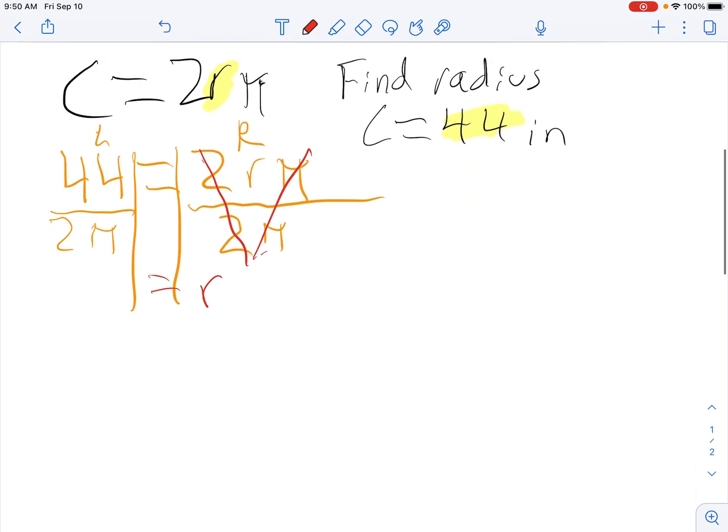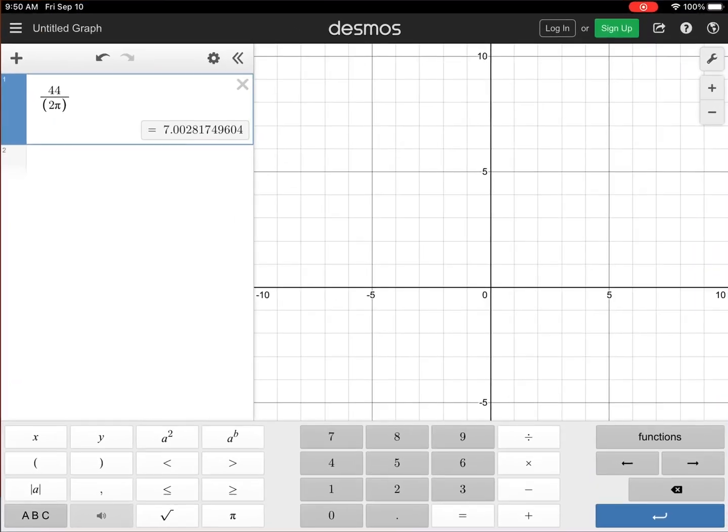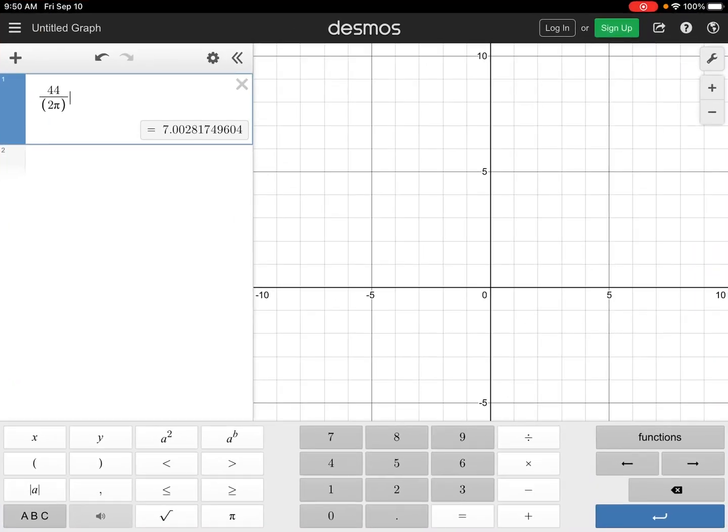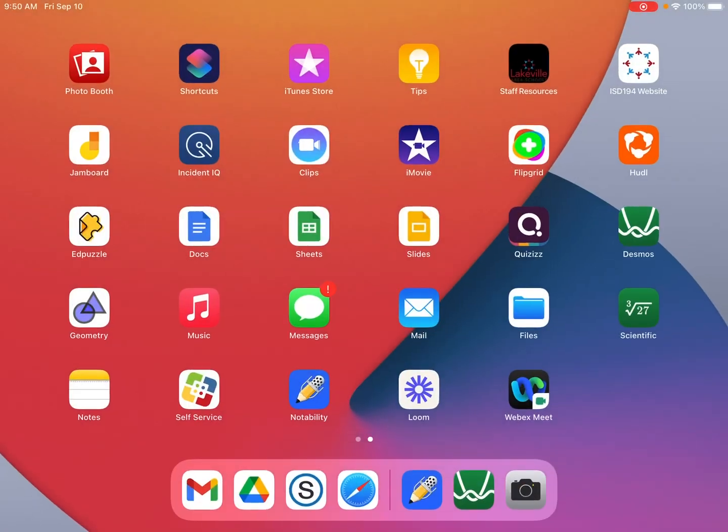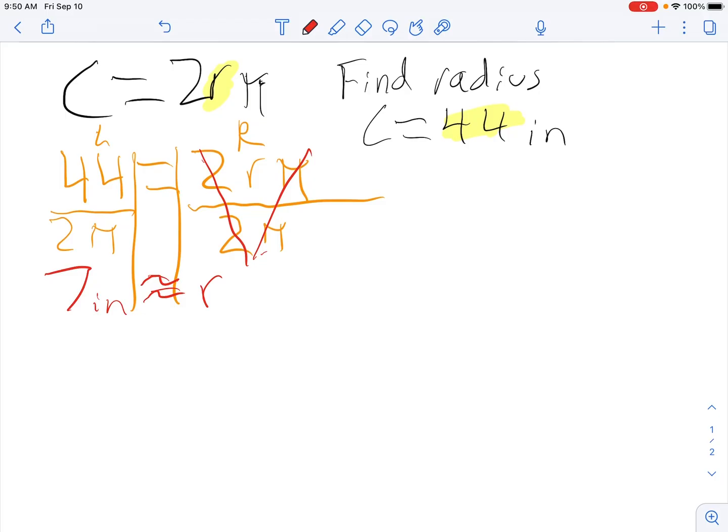Now, there are 2 ways to write this answer. We could say that 44 divided by 2 is 22, so we could say it's 22. No, we can't do that because we have to multiply what's on the bottom first. Therefore, we're just going to say r is approximately 7 inches, because our answer was 7.00.